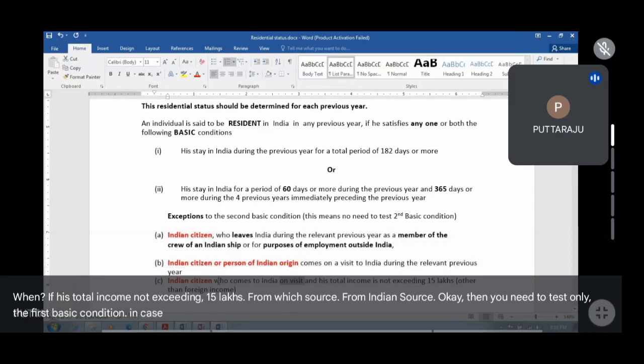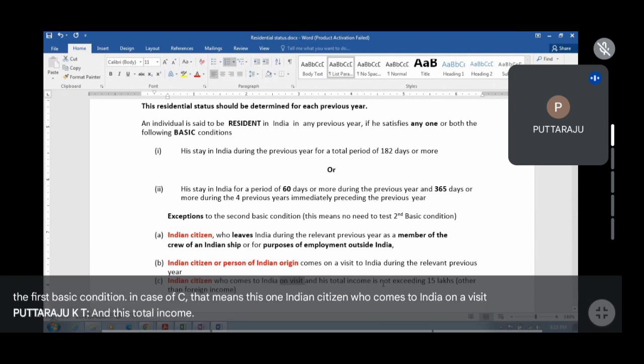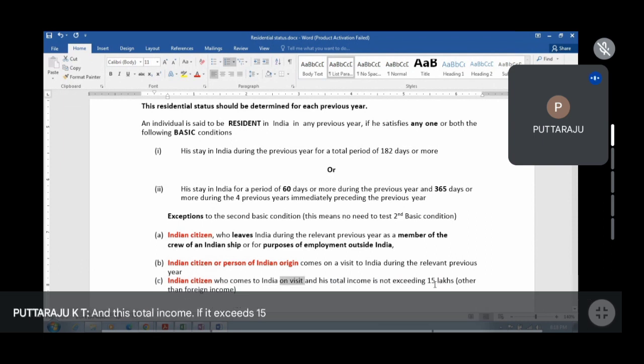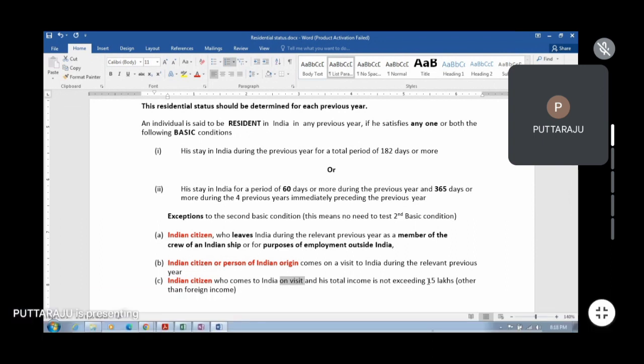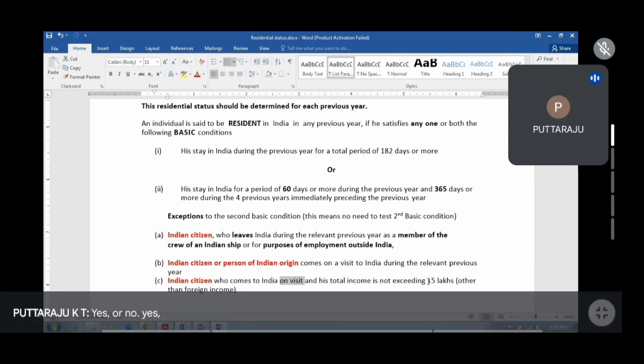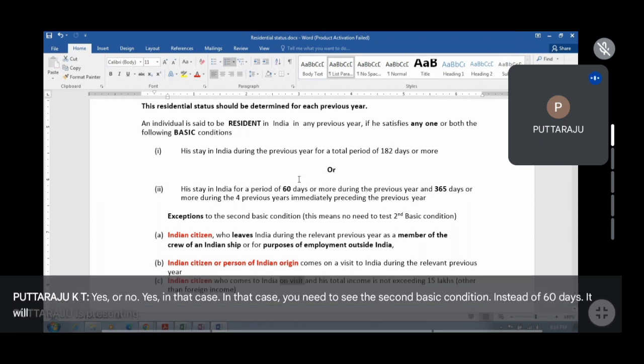In case of C, that means this one, Indian citizen who comes to India on a visit and his total income, if it exceeds 15 lakhs, assume that you get a dividend of 20 lakhs. It exceeds 15 lakhs, right? Yes. In that case, you need to see the second basic condition. Instead of 60 days, it will be considered as 120 days.